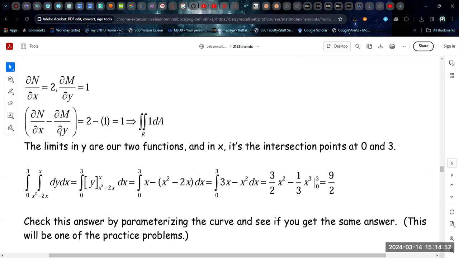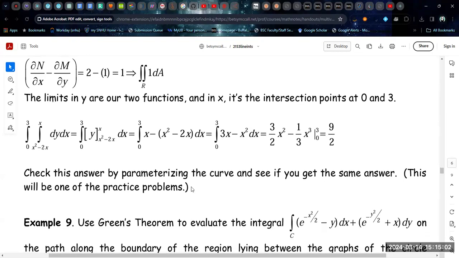Now, of course, you could end up with actual functions, but then you would still integrate it over the region. And so we're going to set up our area for our double integral. The bottom limit is the x squared minus 2x function. The top limit is the x function. And then we're integrating in the x direction from 0 to 3. And then the antiderivative of 1 is y.